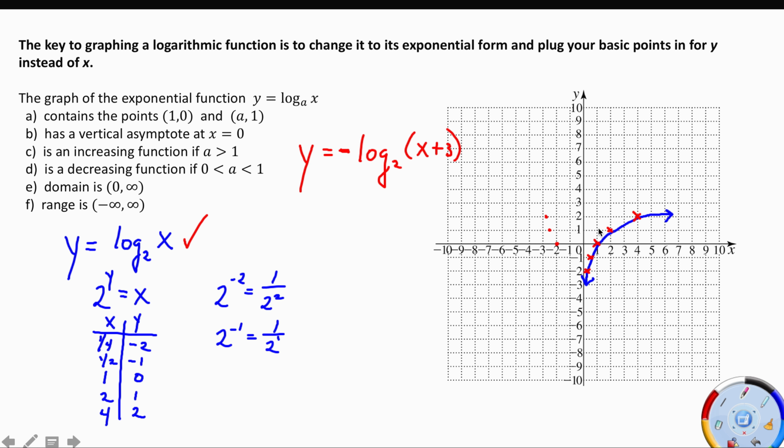Left 3, 1, 2, 3, but 1 times negative 1. And then left 3, 1, 2, 3, 2 times negative 1. Notice my vertical asymptote has been moved left 3. It's now at negative 3.